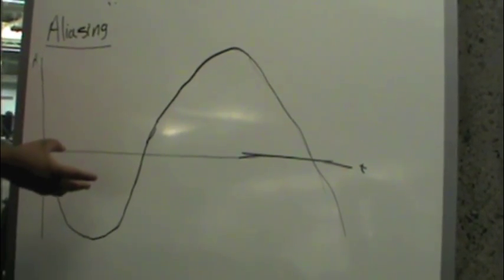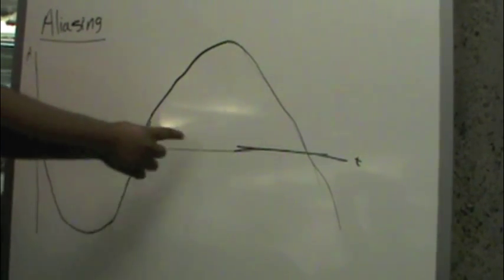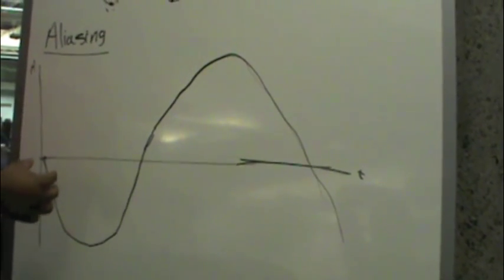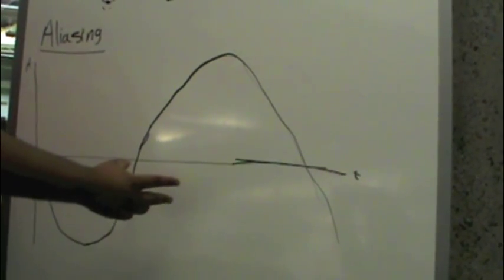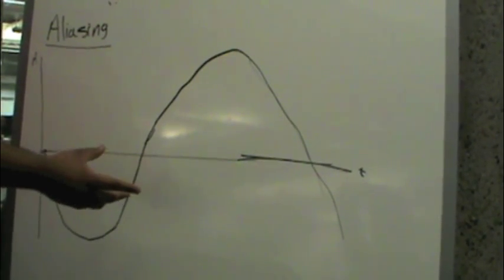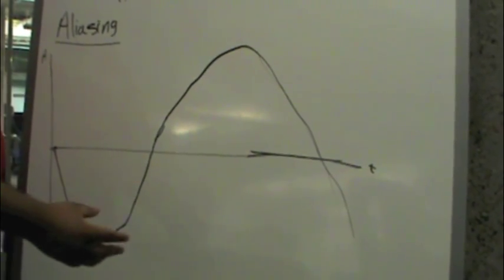But as you can see, the frequency is not the same. This new frequency that was changed because you didn't take enough data points is called the aliasing frequency. It goes through all the data points, but it is not a good representation of what it actually looks like.